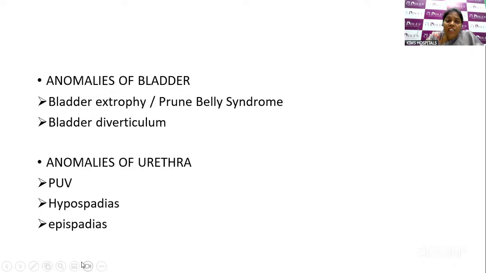Coming to the abnormalities of the bladder, we have bladder exstrophy, or prune belly, which occurs as a part of prune belly syndrome. We have bladder diverticulums also. So coming to the abnormalities of the urethra, we have posterior urethral valve, which occurs in males, hypospadias and epispadias.